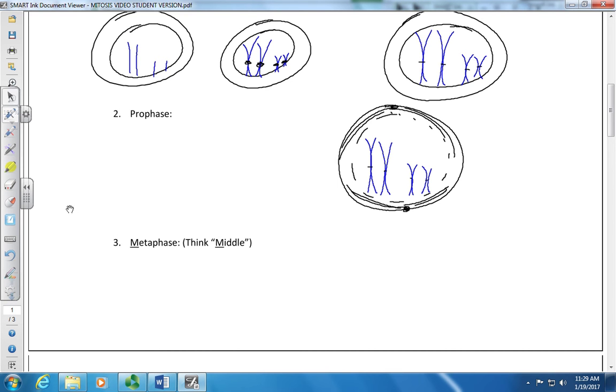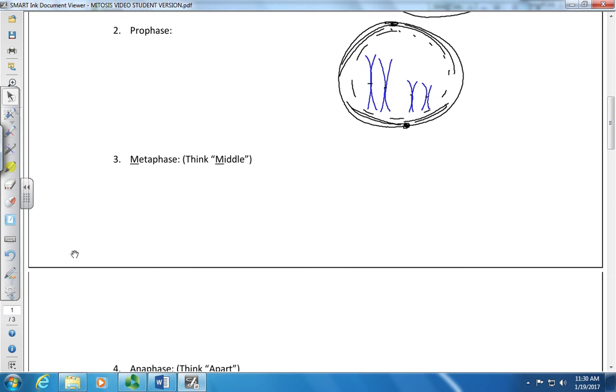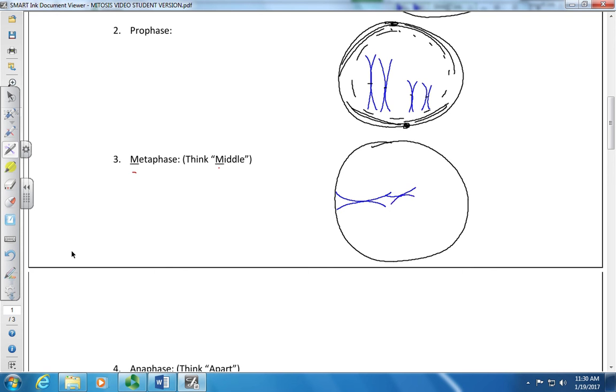Then the cell will move into metaphase. So for metaphase, think middle. Metaphase, middle. So what do we mean by middle? Well, the chromosomes are going to line up in the middle of the cell.